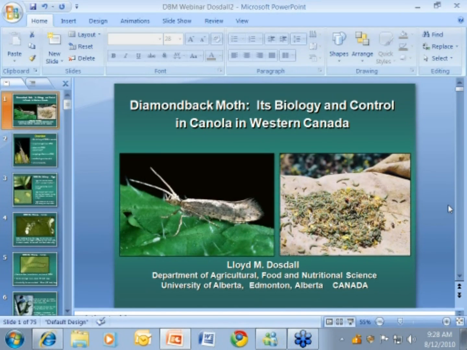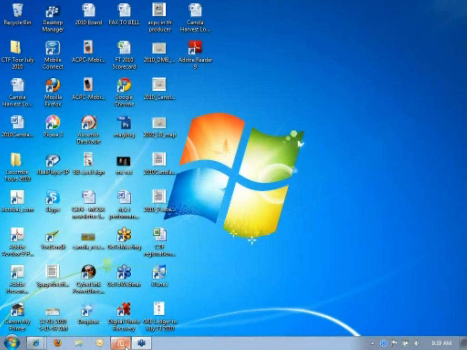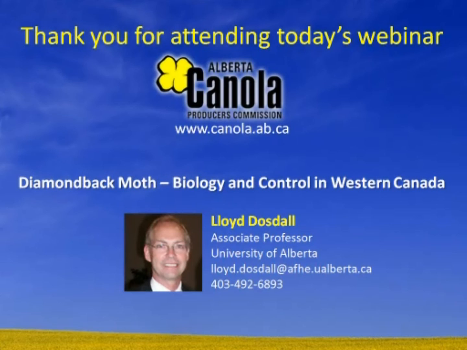Is there a ratio or method to determine the number of females in an area if one is capturing only male moths? Jonathan, that correlation hasn't been done precisely. We're interested in it, but in general, we assume that it's a fair guess that male and female numbers are about the same.